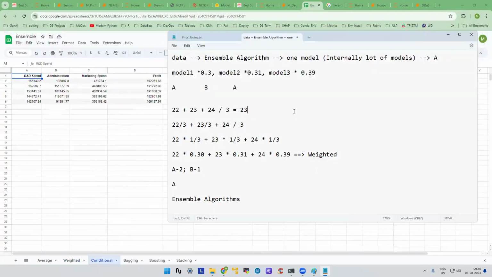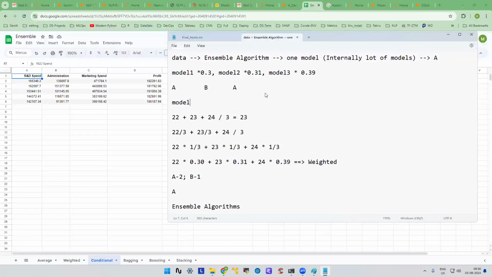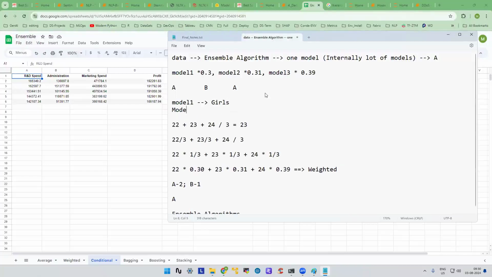No. Next one is conditional. What if you have a data set wherein you have both girls and boys data being combined? In such a case, you may prepare one model for girls, another model for boys.